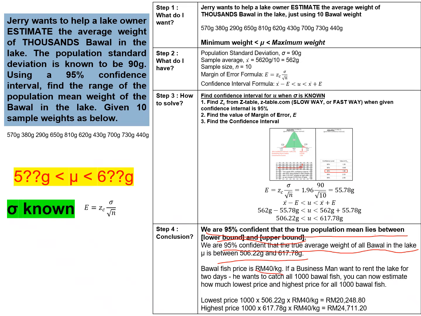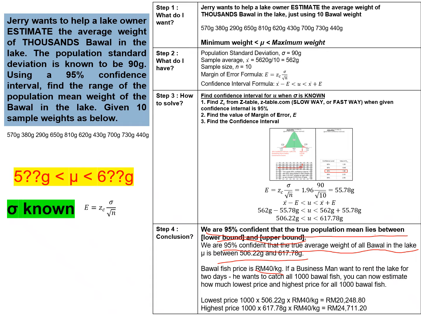What price can I offer the businessman? If we know the average weight of all our bawa fish, we can say the average weight of all my 1,000 bawa fish is this number, times 1,000, times RM40. This is the price.